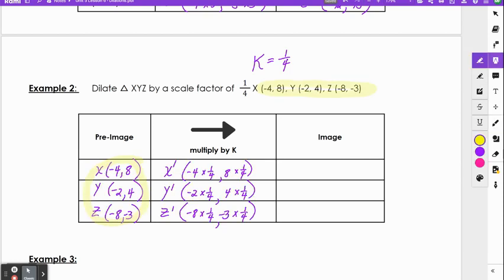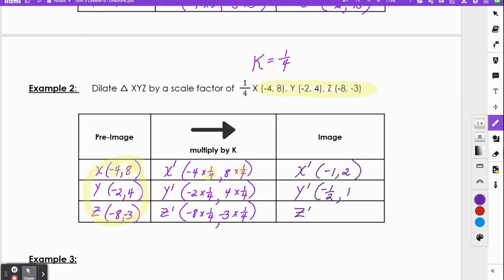And then we're going to multiply each of those coordinates by 1/4. So we're going to have negative 4 times 1/4. We're going to have 8 times 1/4. And so on. So there we have our final image coordinates.